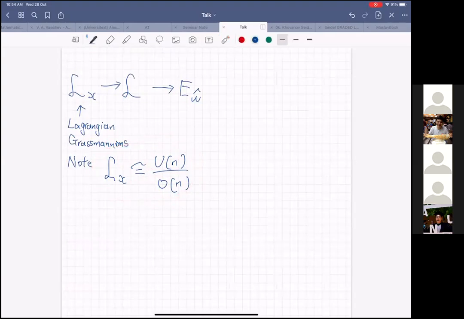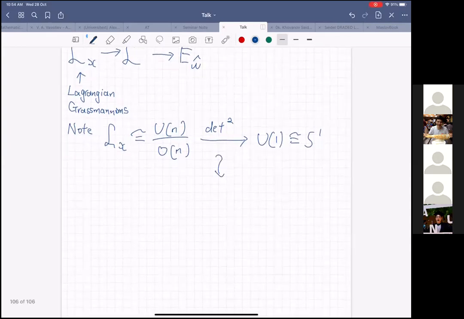And actually, if you look at the determinant square map into U1 or S1, you can see that this is an isomorphism on pi1.